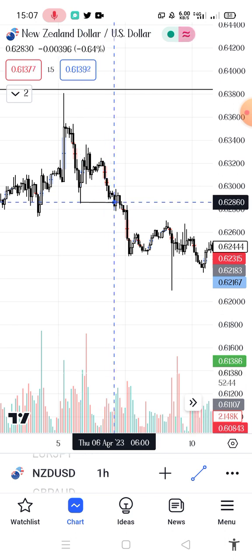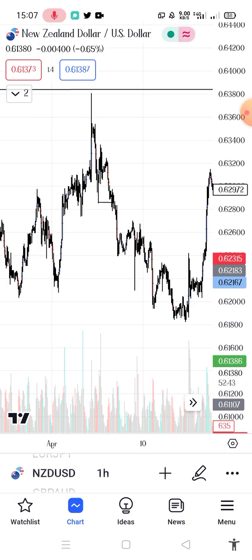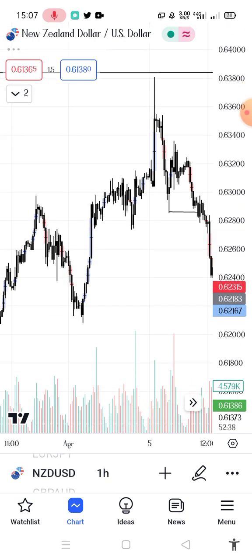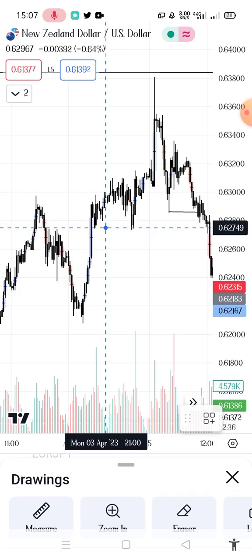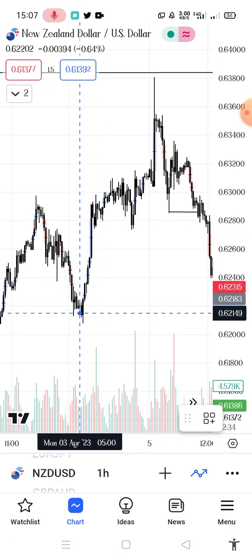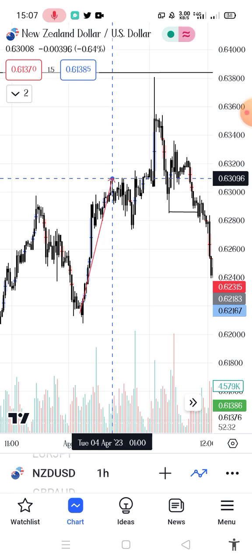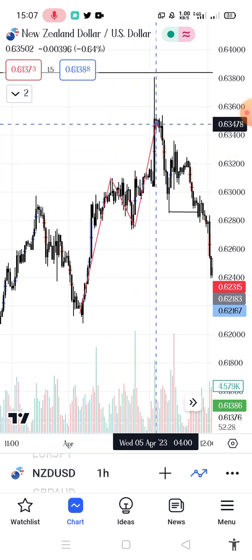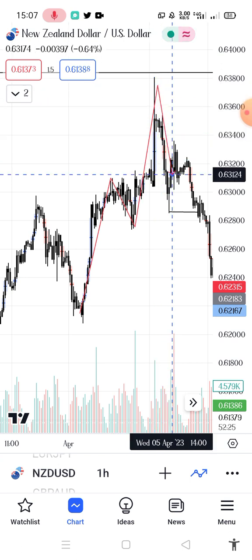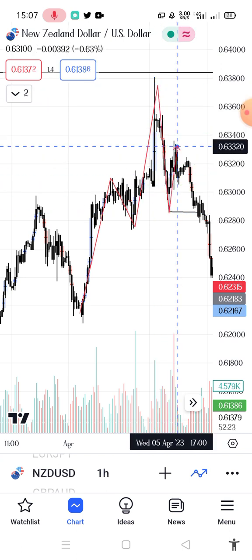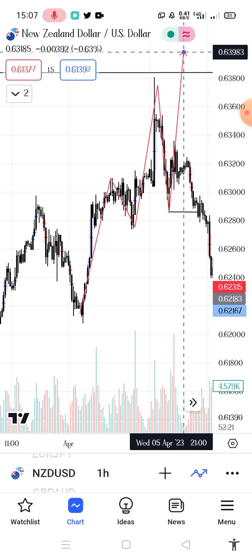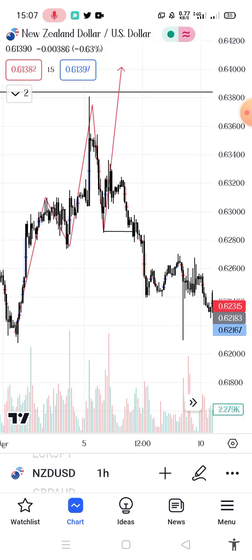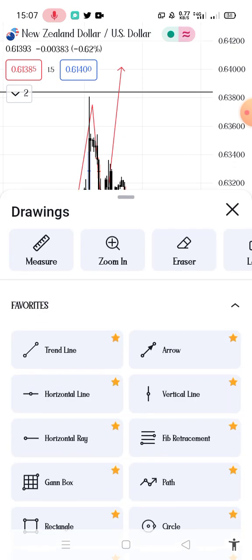Let me just mark this and then I'll explain. If you take a look at this place, you would see it was on an uptrend, making higher high, higher low, higher high. It went up, higher low. It was supposed to continue and break and go up like this to create another higher high. But guess what? It came down. Can you see? It came down.